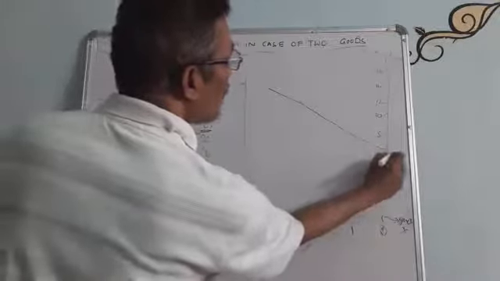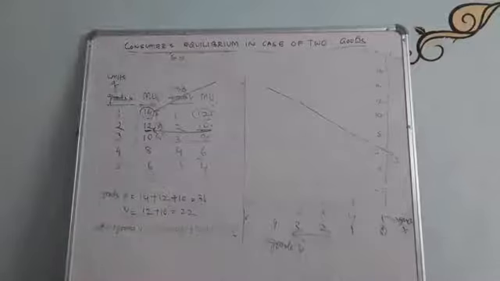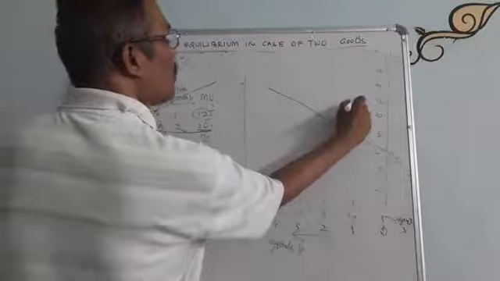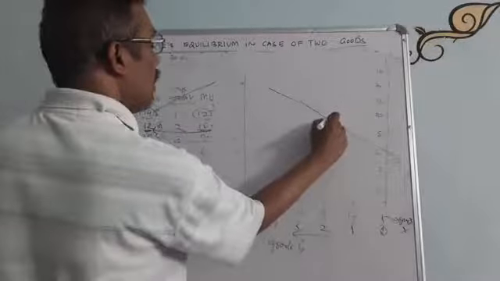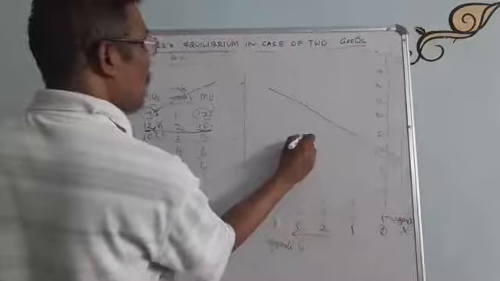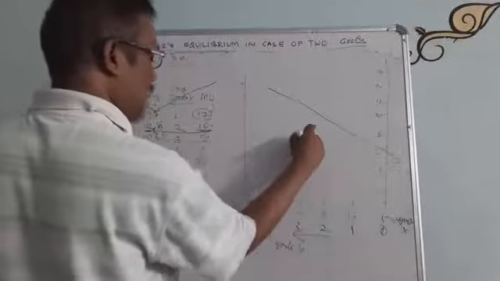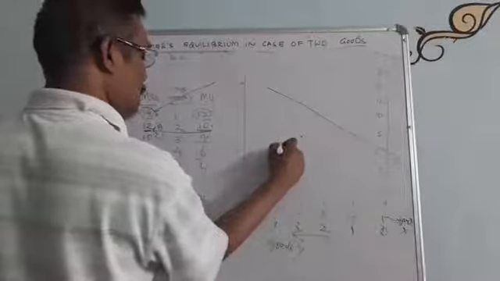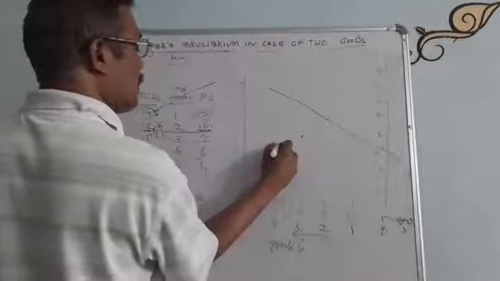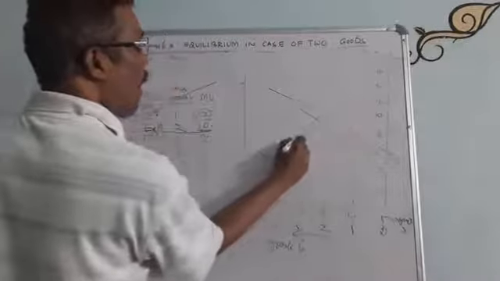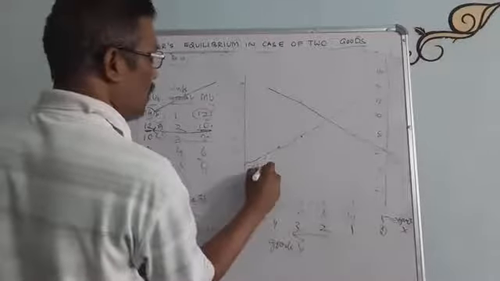This is called the marginal utility of X. Similarly for good Y, the first unit gives 12, the second 10, the third 8, the fourth 6, and the fifth 4. This is the marginal utility of Y.